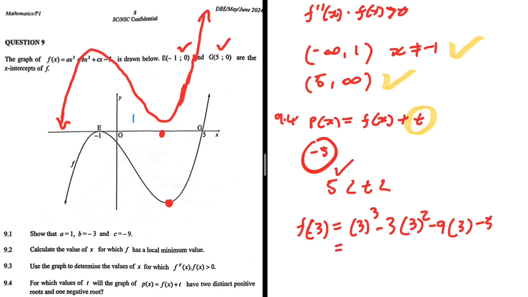Let me go ahead and put that in my calculator. So 3 to the power 3 minus 3 multiplied by 3 to the power 2 minus 9 multiplied by 3 minus 5. That is -32.